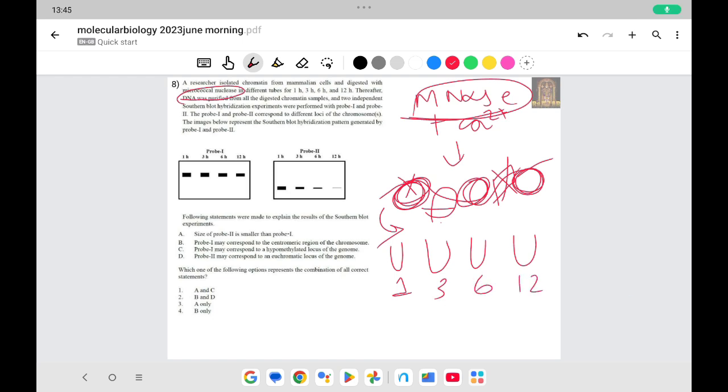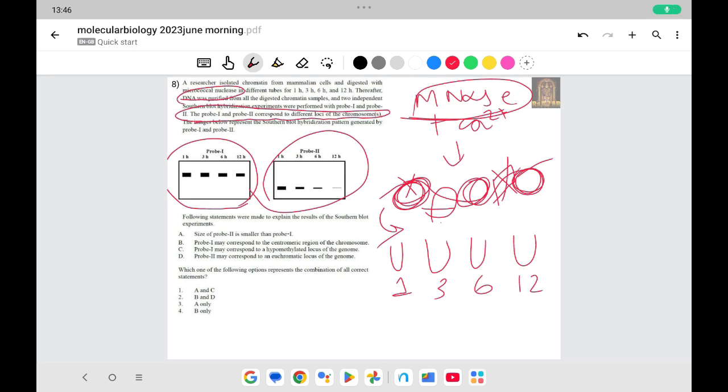Thereafter, he has run the southern blotting. The first one corresponds to probe 1 and the next one to probe 2, where probe 1 and probe 2 correspond to different locations of the chromosome. And this is the result.